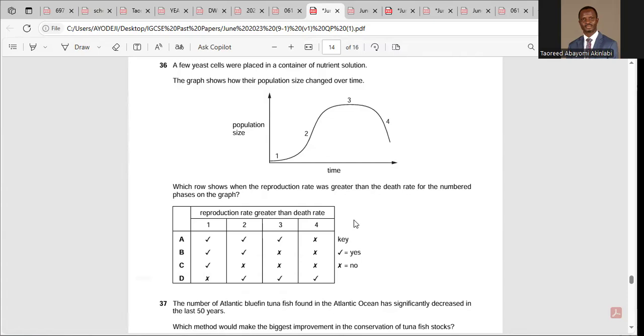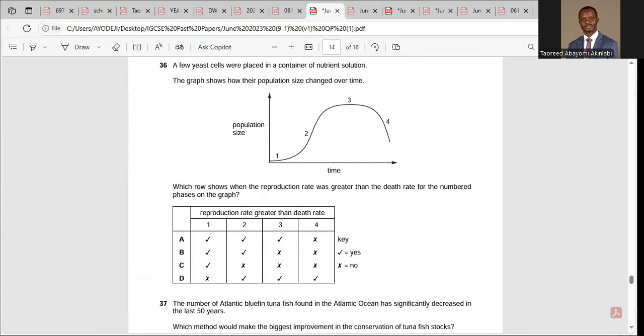2. All right, that is the one that has an increase in population. That's an increase in population for 1 and 2 for question 36. While for 4, that is the death phase.